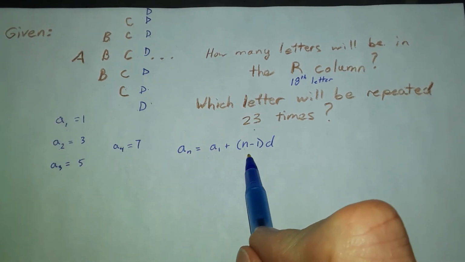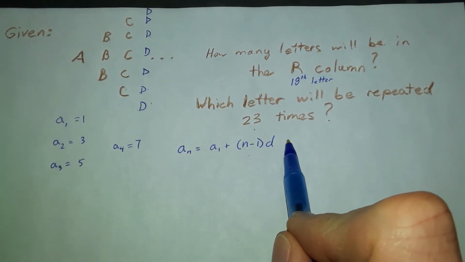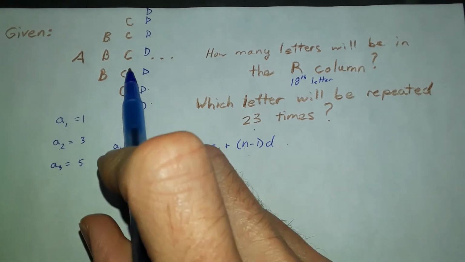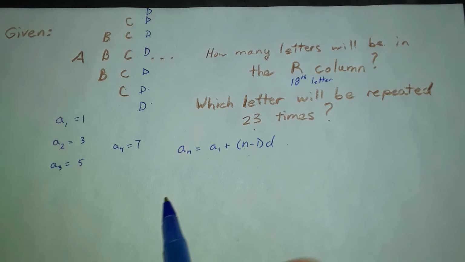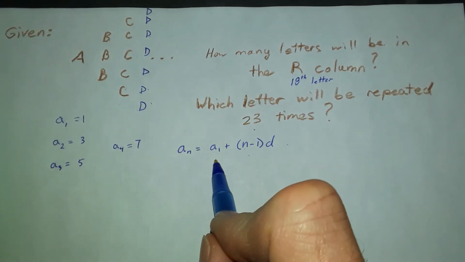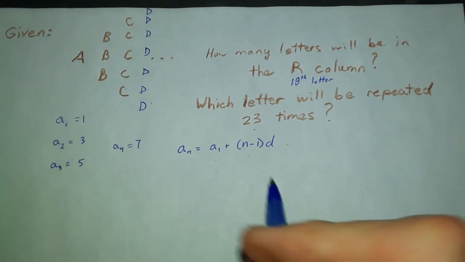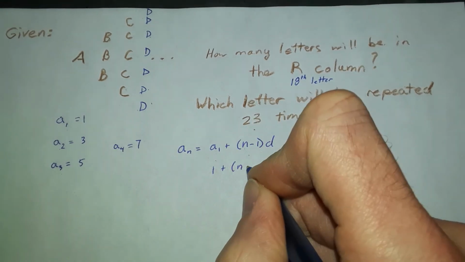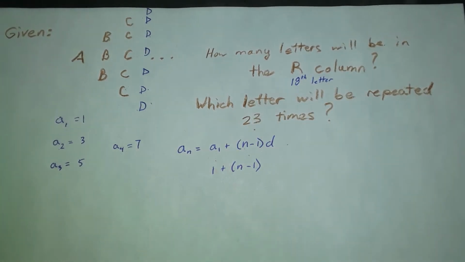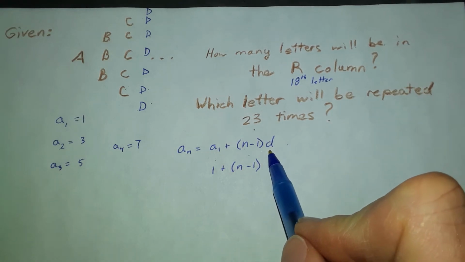So right now, this is just the formula. I need to write the equation that describes this sequence, and then we can start trying to solve for this. So I need to substitute some things in. A sub 1 is over here, so we have 1. We don't know n yet because we're doing the general case. And d is the difference between each term.